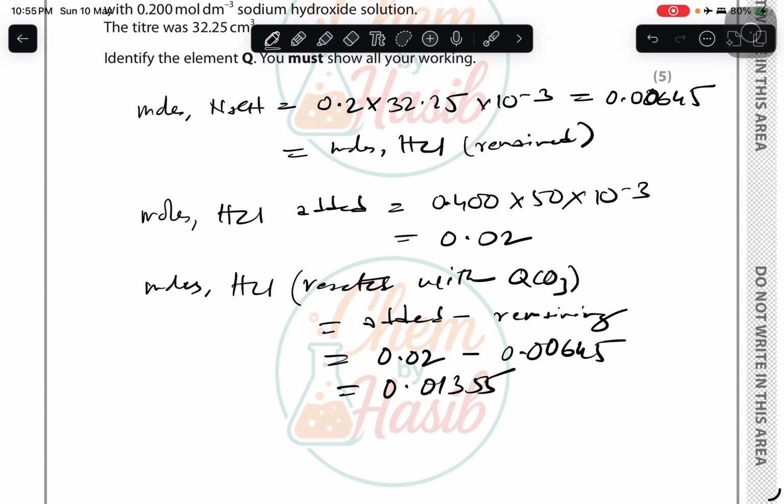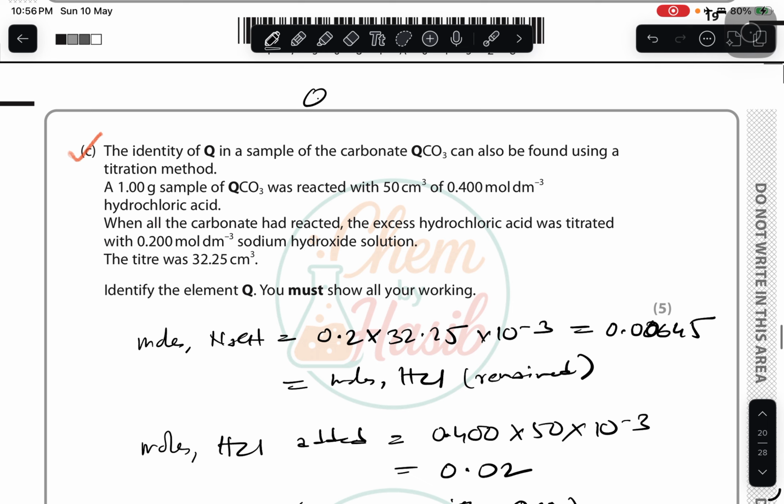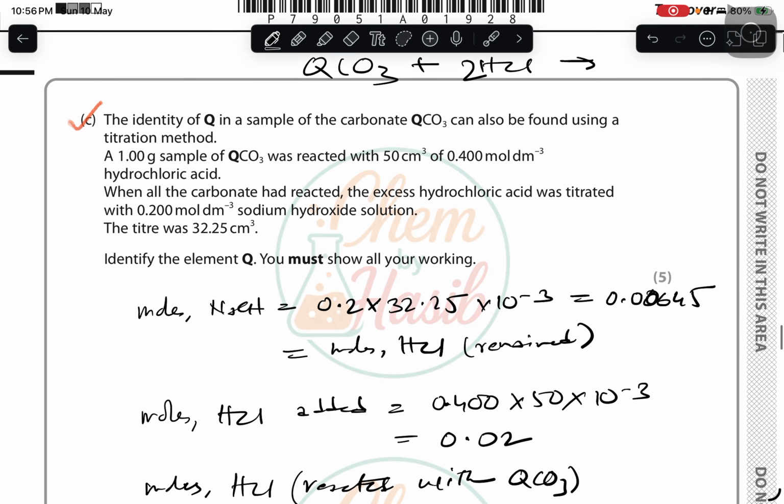Now we find, therefore, the moles of QCO3. This would be equal to 0.01355 multiplied by half, because when QCO3 reacts with hydrochloric acid, the mole ratio is 1:2.